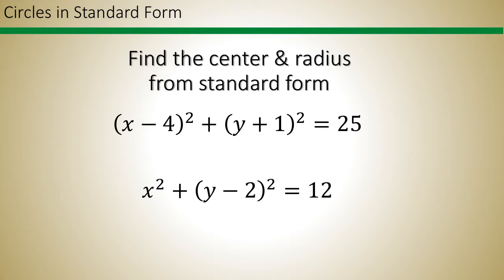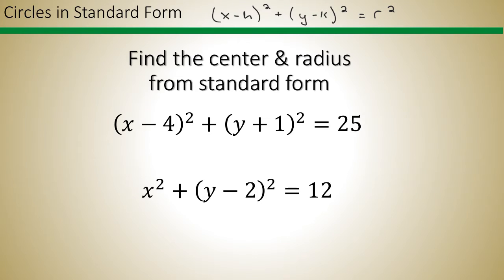So here it says find the center and radius from standard form. Okay, so just to remind us, I'm going to write the formula again. So we have x minus h squared plus y minus k squared is equal to r squared.